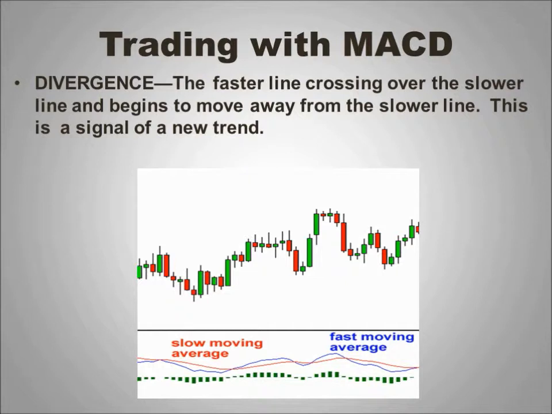So as we see, at the beginning, the slow moving average has moved away from the fast moving average. This confirms that we are in a bearish market. And then notice that after the crossover here, the faster moving average moves away from the slower moving average, moving up like this. This confirms that we are officially in the bullish market.